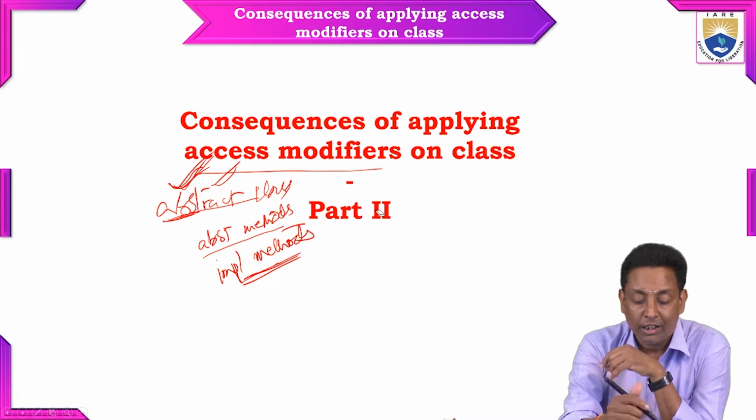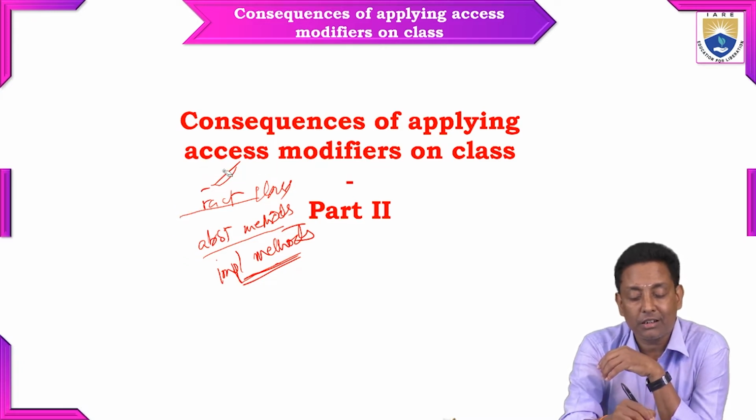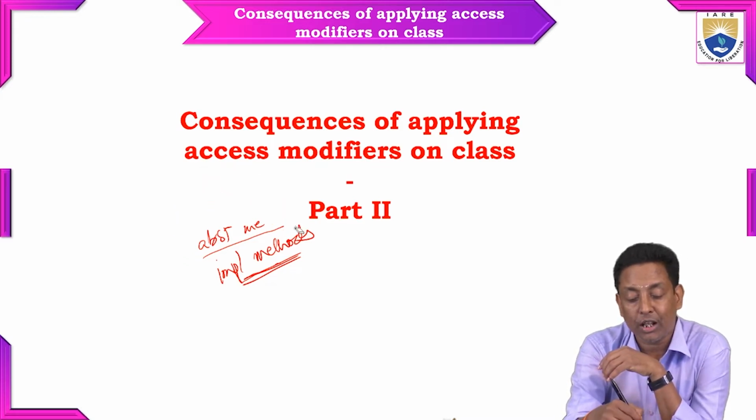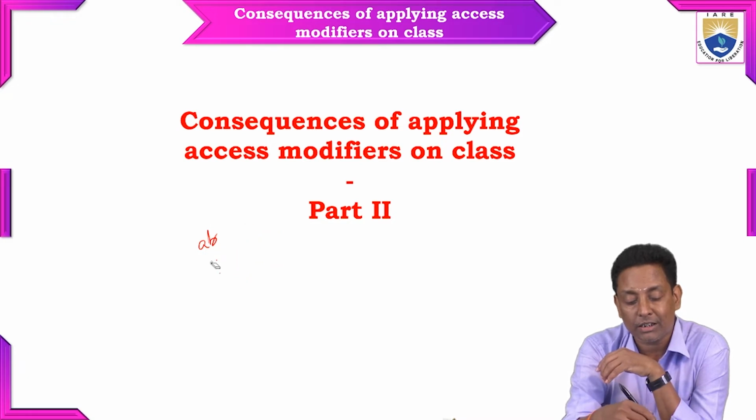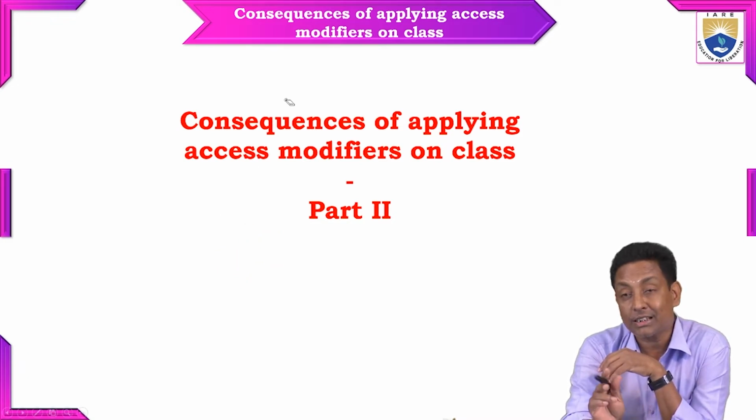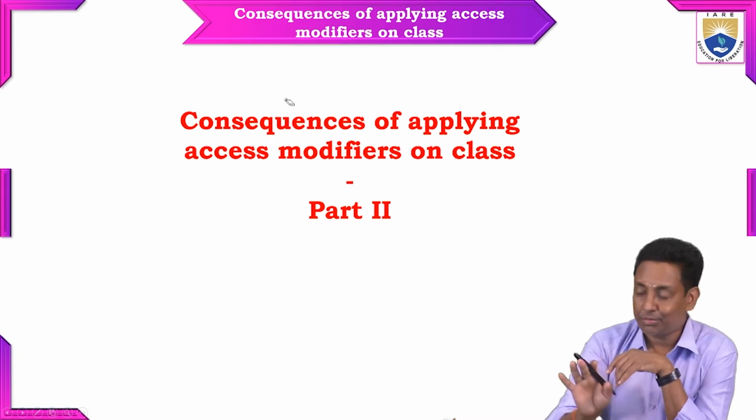So it is not mandated that an abstract class must contain abstract methods. Without abstract methods also a class can be declared as abstract. But no doubt, if a class contains abstract methods, the class must be declared as abstract.